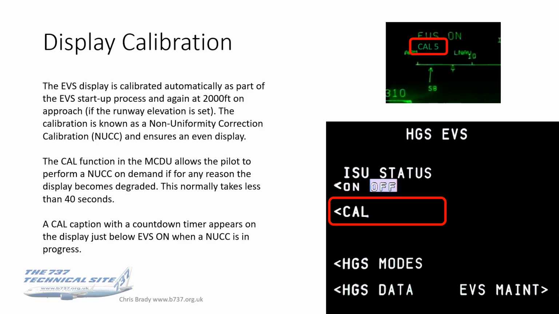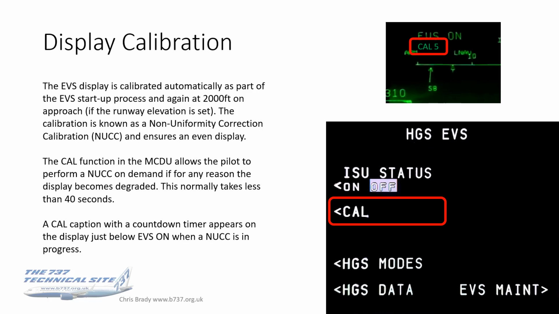If you press this selection on the McDo, then you will initiate a NUC, a non-uniformity correction calibration, on demand, for whatever reason you want. If you notice the display becoming degraded or poor or any anomaly, not as good as it was when you switched it on, then go into the menus, hit cal, and in 40 seconds you'll have a cleaned up image again.